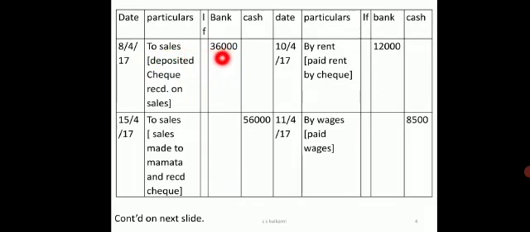Immediately after receipt of check, it is paid into bank. So the journal entry will be bank account debit to sales, because the amount of 36,000 is received by the bank, not by the proprietor.